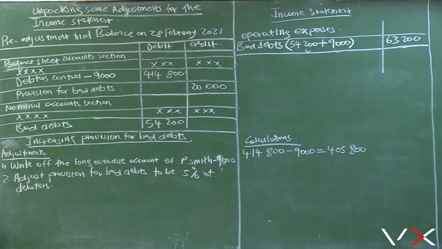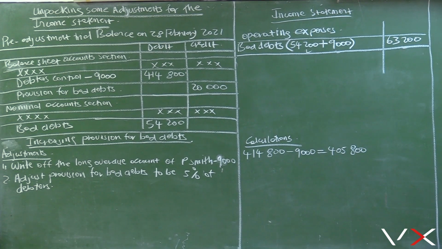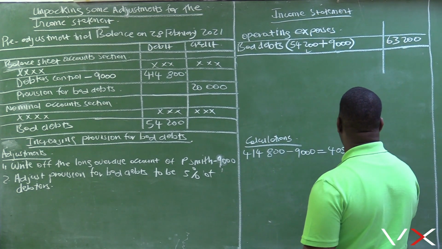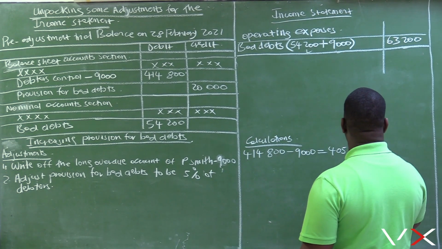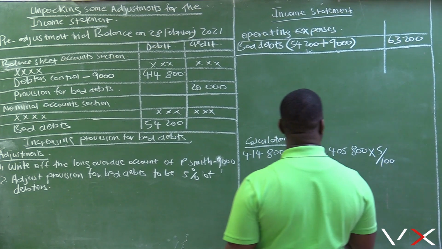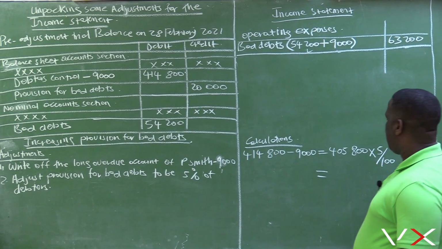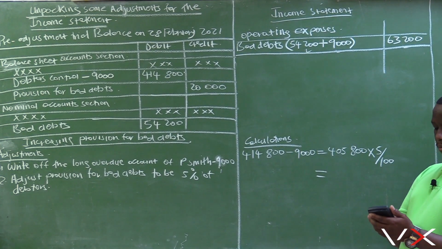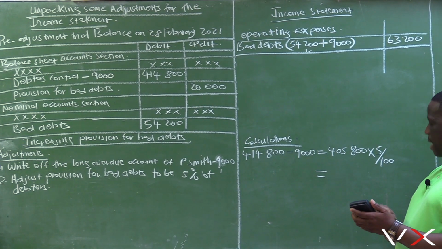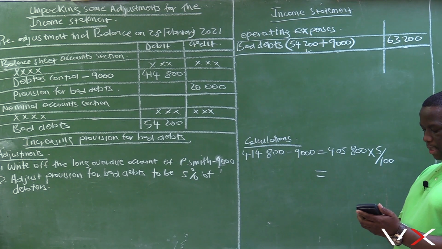So adjustment number 2 says adjust provision for bad debts to be 5% of debtors. So what is 5% of this debtors control amount? 405,800 multiplied by 5%.